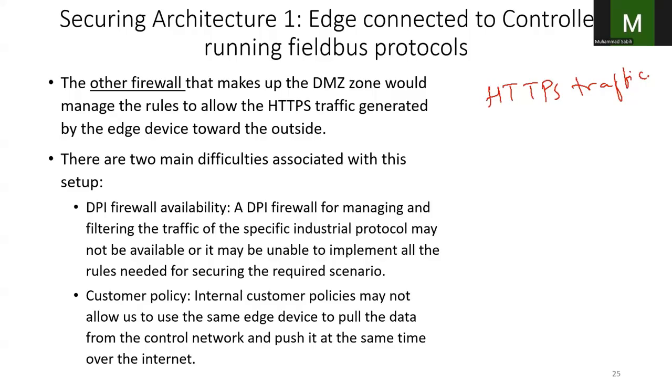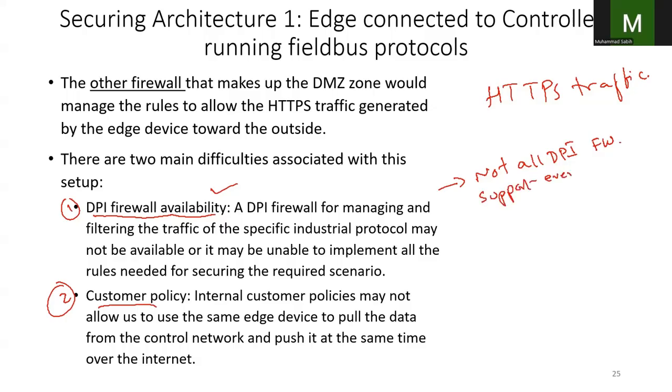However, even with this design, there are two key challenges that we may encounter. The first is DPI firewall availability, and the second is the customer policy. In the DPI firewall availability, not all DPI firewalls support every industrial protocol.